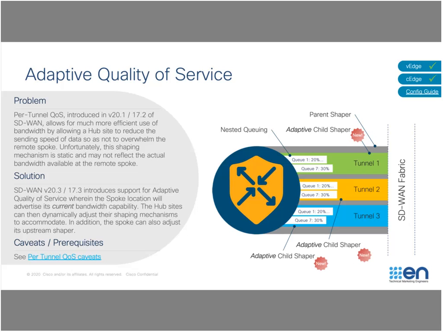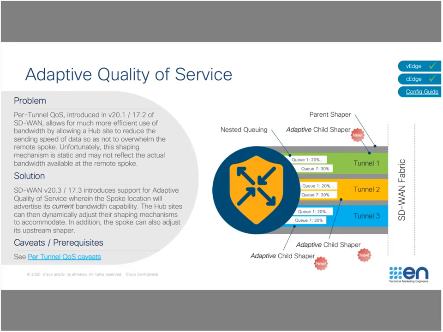Now, adaptive quality of service expands on or enhances that capability a little bit to make it a little bit more dynamic, hence the word adaptive. Basically, as your hub site is attempting to send traffic towards your branch locations, your branch locations can actually advertise what their current bandwidth capability is, right? So even though we might have hard-coded that we have a 100 meg circuit attached to this branch, at any given moment somebody might be on Netflix, YouTube, whatever, surfing the web.